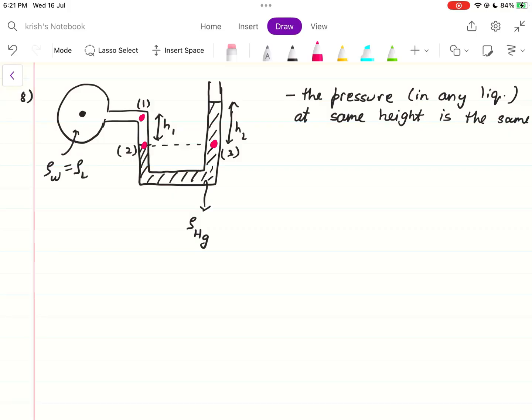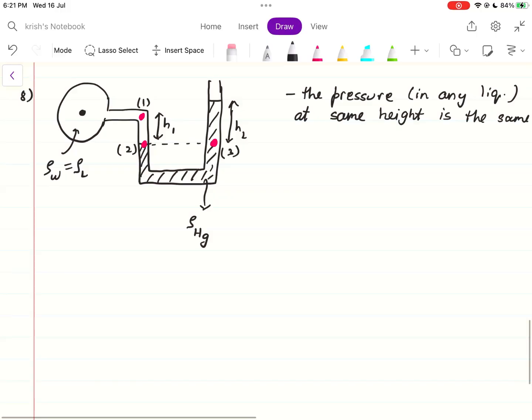Right. Let us try to write the pressure equations, right? So we know that since A and 1 are at the same level, PA equals P1. Also, P1 equals P2 minus rho L G H1, because you are going up.